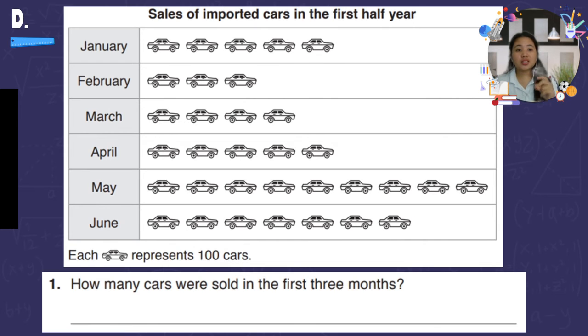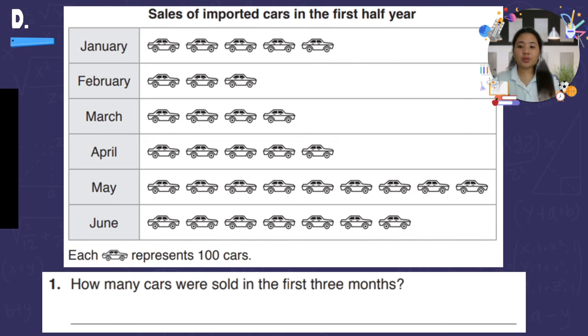But it is not yet the number of cars, because it says each picture represents 100 cars. So this will be 100 plus 100 plus 100 plus 100 plus 100, that is 500. So this will be 300, this will be 400, this will be 500, this will be 900, and this will be 700.